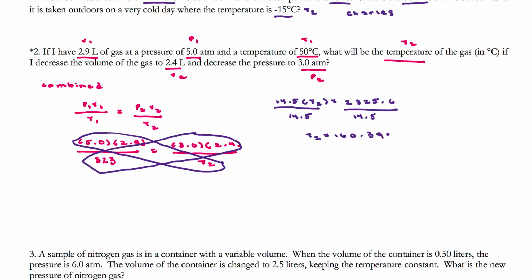Now keep in mind this is in Kelvin, but I want it in degrees Celsius. So remember, since Kelvin is Celsius plus 273, to convert this Kelvin into Celsius, all I have to do is subtract 273 from it. And what I get unrounded is negative 112.6. Keep in mind, since my last step is subtracting, I need to round based on decimal places. 273 has no decimal places, so my final answer simply needs to be rounded so it has no decimal places. So negative 113 degrees Celsius.